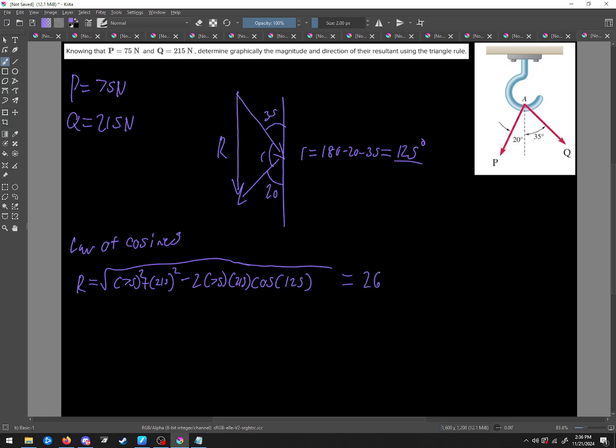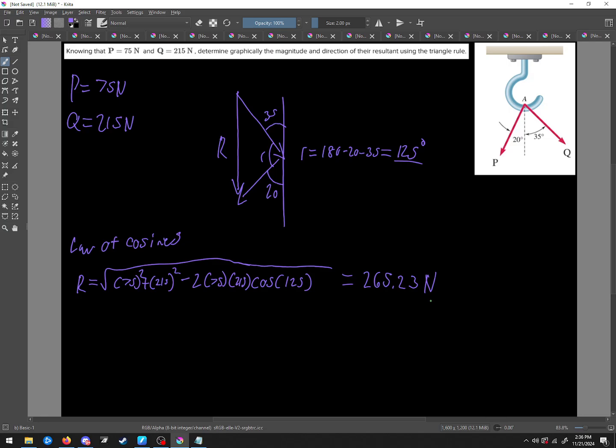I'm getting 265.23. And this would be newtons. And then we're asked to find the direction, the angle.